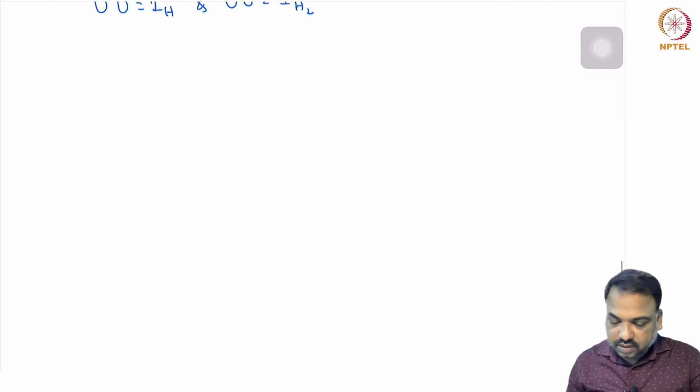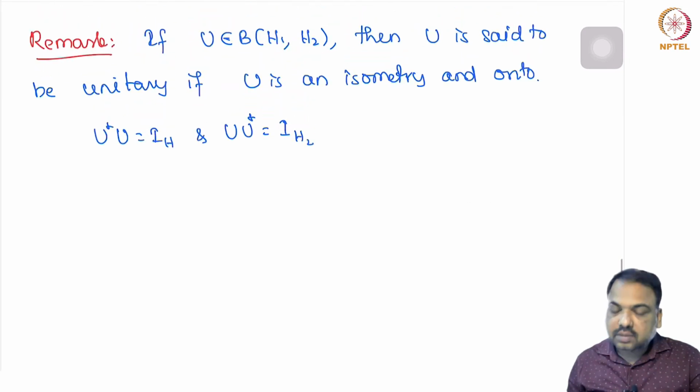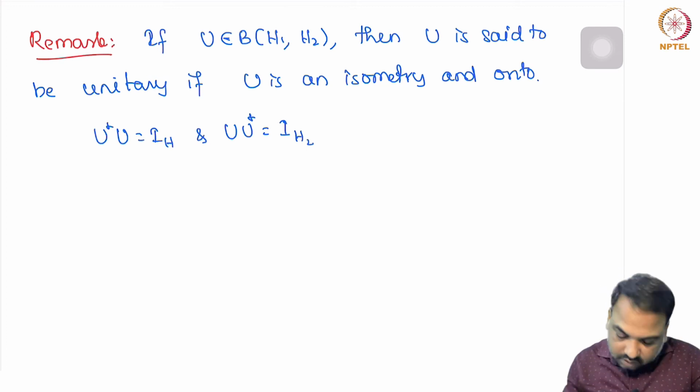Next we want to define partial isometries. So here we have one observation.